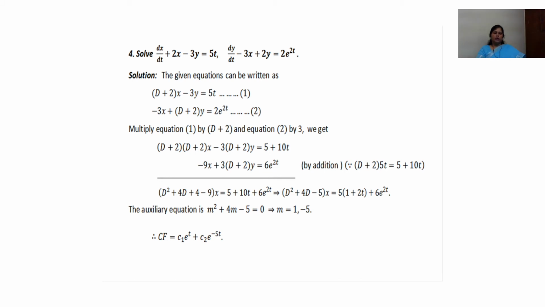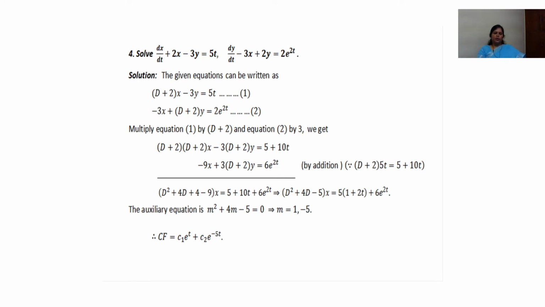Now we are going for simplification. Multiply equation 1 by (D plus 2) and equation 2 by 3. See, we have to observe these equations and decide what we have to multiply with them. If we are multiplying by some value, that variable has to vanish. Like that we have to check.